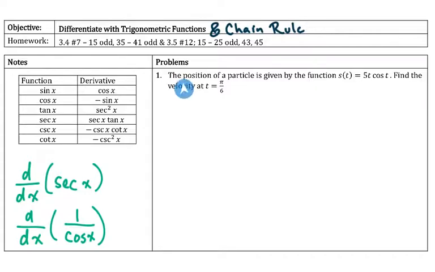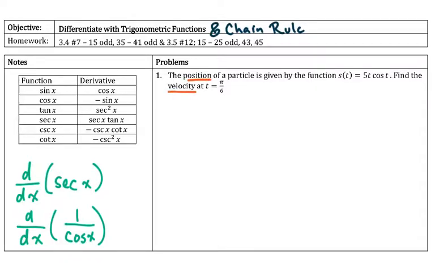So in number 1, the position of a particle is given by the function s of t is equal to 5t cosine t. Find the velocity at t equals pi over 6. Now this is a really helpful time to talk about position and velocity.